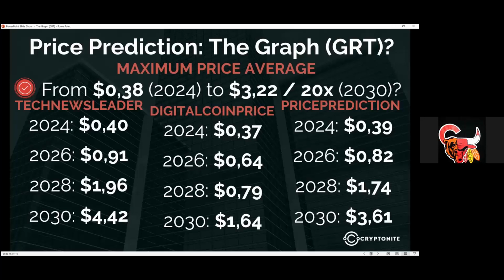It really depends on how much usage. But even if we only reach, let's say, 3.22, which is still very conservative in my opinion, we would be at 20x what we are today. So a lot of upside, a lot of potential.